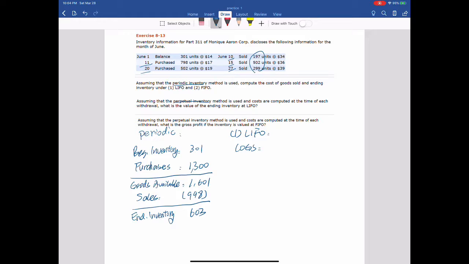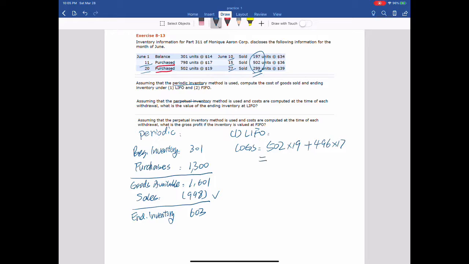Now, the first one is LIFO, last in, first out, for the cost of goods sold. Basically, we calculate the cost of the 998 units sold. This is all the goods available during this period. Last in, first out, so the last in is first out. So 502 will be sold, and the price is 19. Of the total 998 out, we still need 496, and those 496 must come from the purchase with cost per unit of 17.